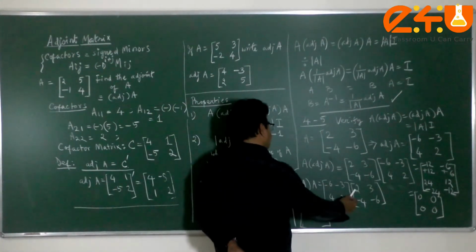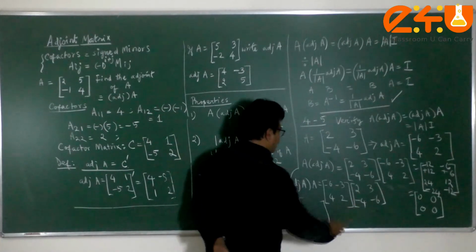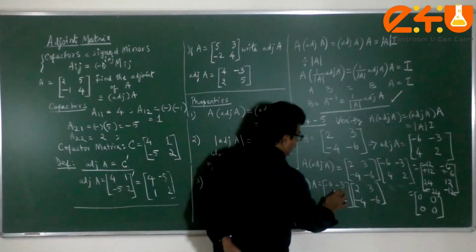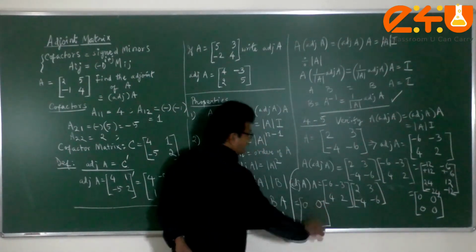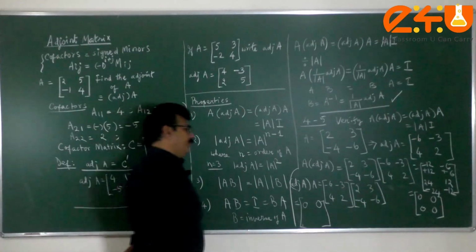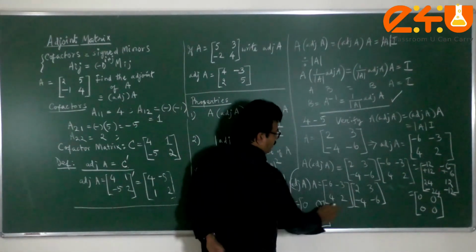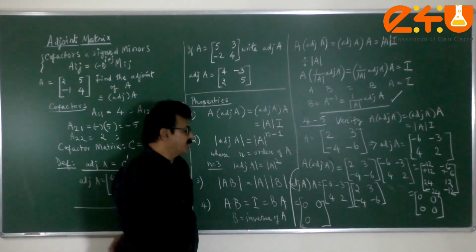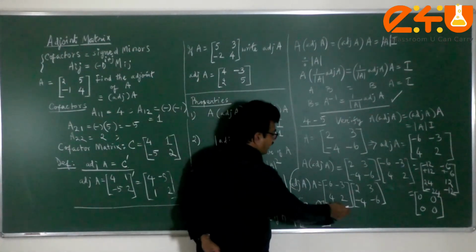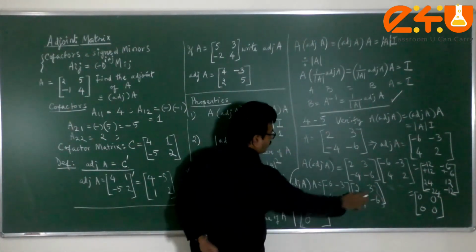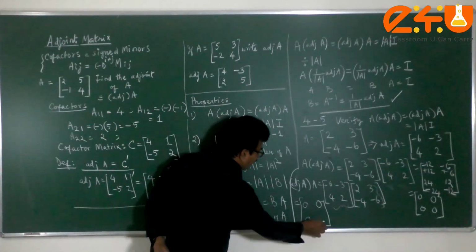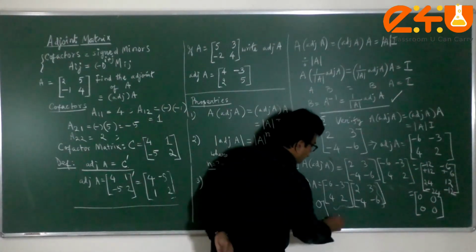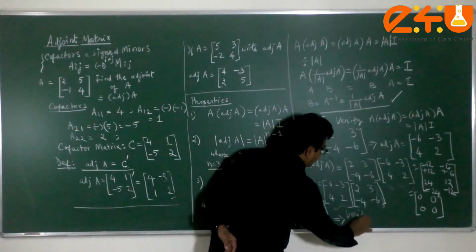Yeah, -6 into 2, -12, -3 into -4, +12 gives 0. -6 into 3, -18, and -3 into -6 makes +18. So sum is 0. Second row, first column, 4 into 2, 8, 2 into -4, -8 also. So the accumulated sum 0. Second row, second column. So that makes 4 3s are 12, 2 into -6, -12, and accumulated sum is 0. So this verifies. You can simply say hence it is verified.